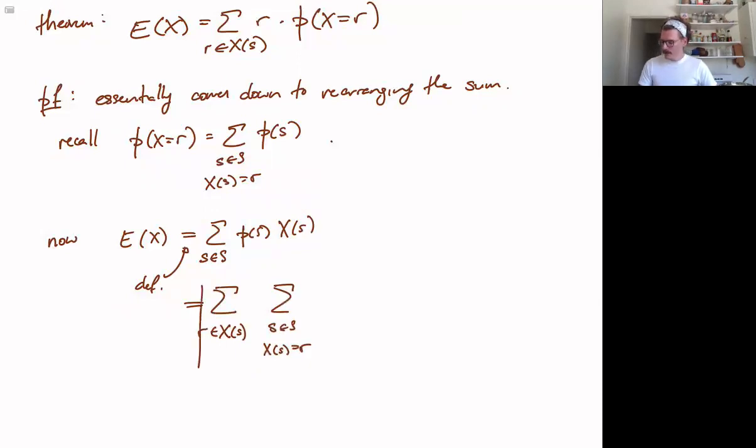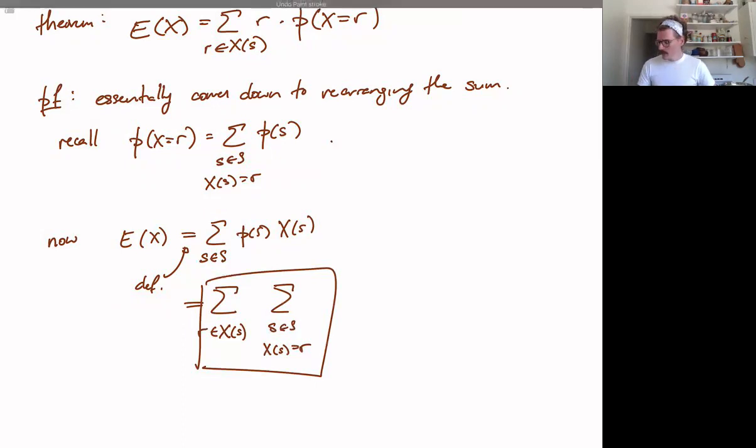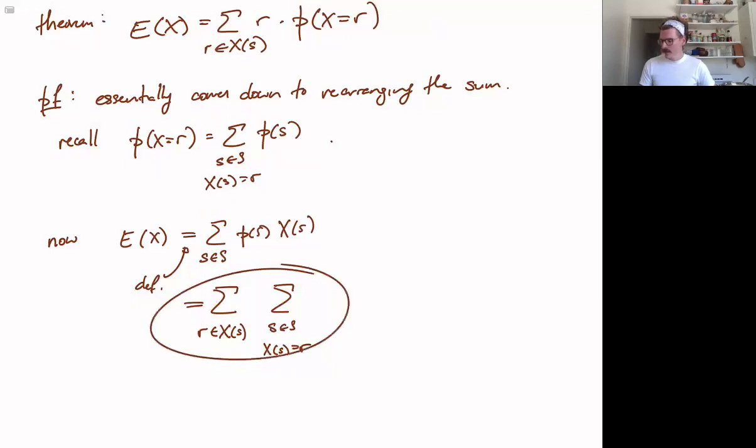So essentially, this summation is the same as this summation. We've just written it differently. And the reason is that this version is essentially just breaking it up into smaller pieces corresponding to each element of the image of X. So we put our same summand on the inside.